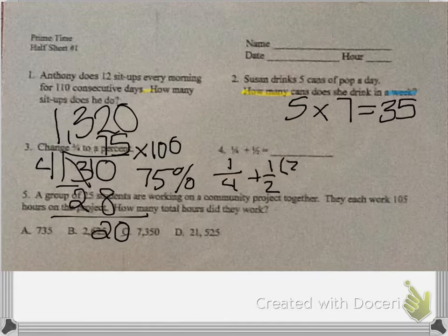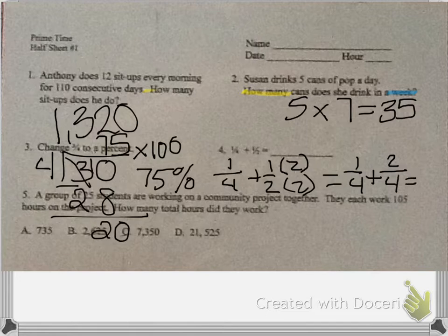And I'd have to multiply my numerator and my denominator by 2 to get my common denominator. So 1/4 plus 1 times 2 is 2. And 2 times 2 is 4. So 1/4 plus 2/4 would then be 3/4. So 1/4 plus 1/2 is 3/4.